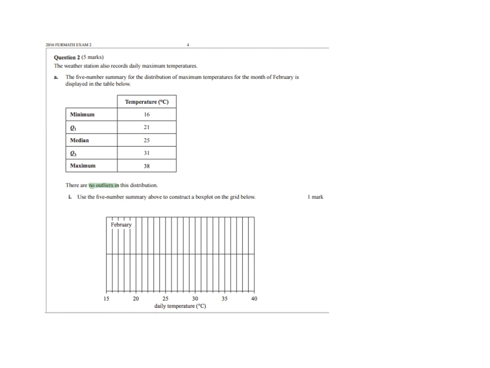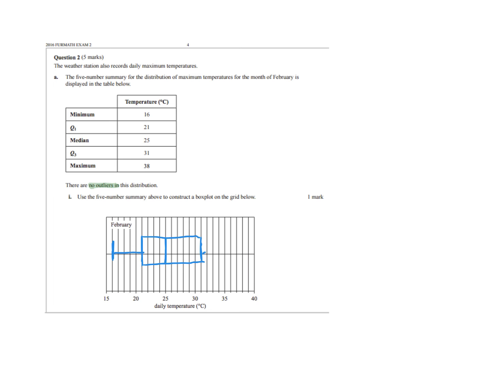So for 1 mark, you just have to fill in the dots really. So 16 will go here, yeah? And then the Q1 is 21, so I draw a line there. The median is 25. There, the Q3 is 31. So that would be my box. So I draw that. The whisker went out to there.